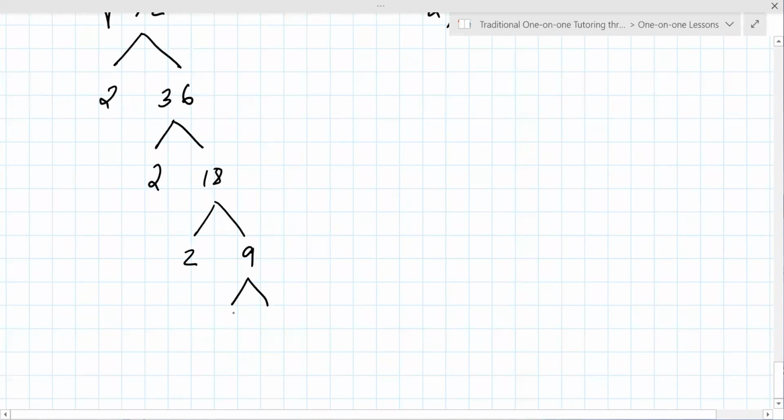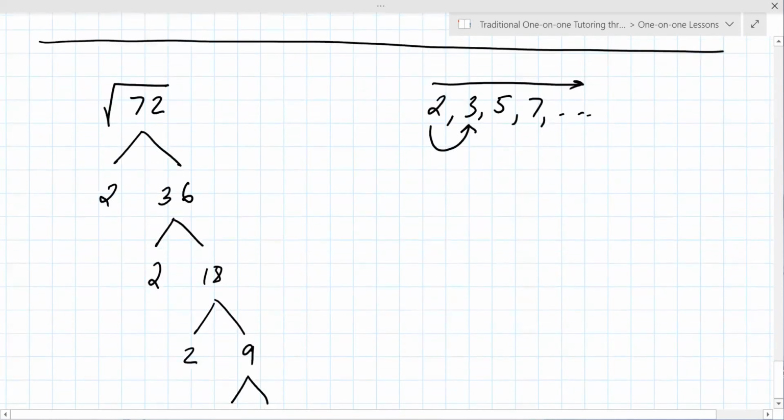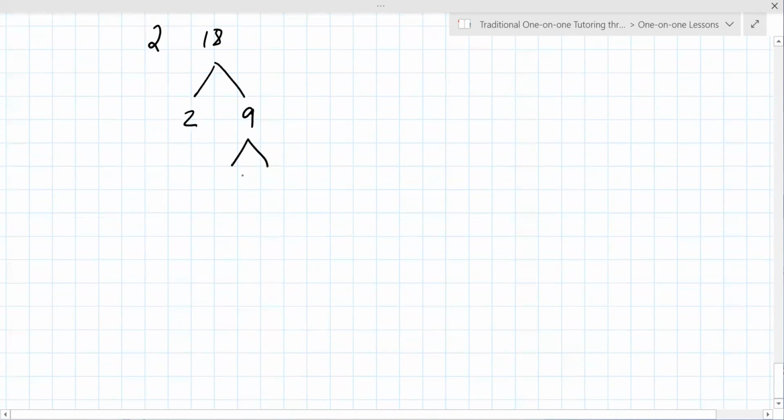Okay. What is the next prime number to try after 2? 3. Is 9 divisible by 3? Yes. 3 and 3.